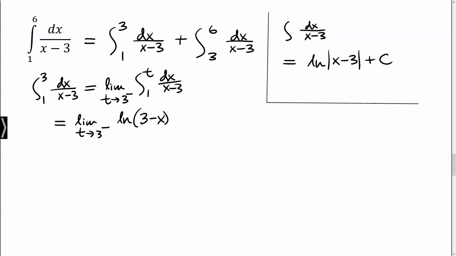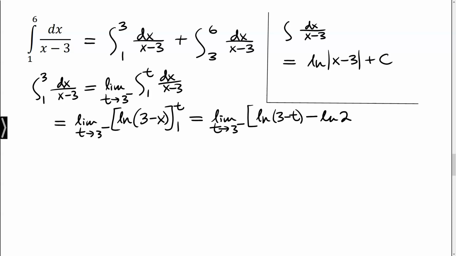And this is going to be between 1 and t. So this gives me the limit of natural log 3 minus t minus natural log 3 minus 1, so that's 2, minus natural log 2. Now, what happens here?